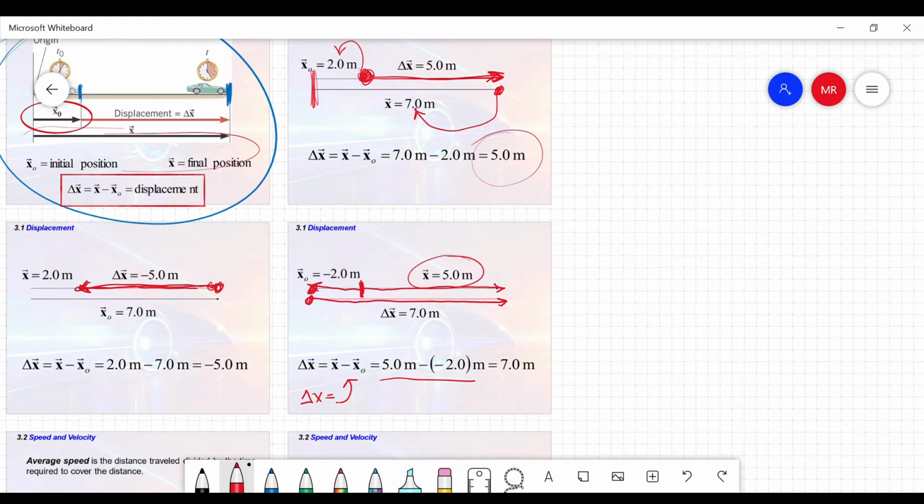This will become plus, 5 plus 2, equals 7 meters. That is why if we are to describe the difference of their position from this point hanggang dito, ito ay 7 meters.